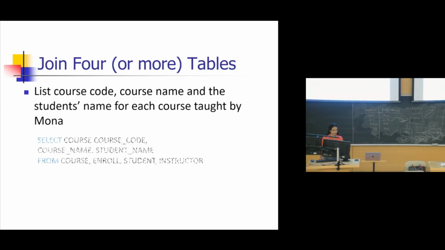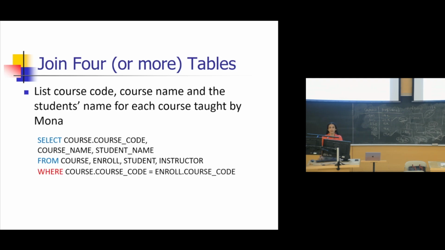Again, the same way. Selecting whatever column you want to select from all the four tables, course, enrollment, student, instructor. And then wherever you have a link in your ER model, you write the conditions in your where clause, okay? So we have to join course with enrollment.